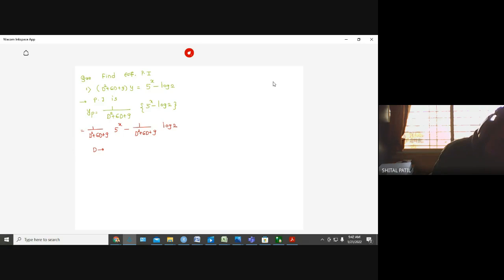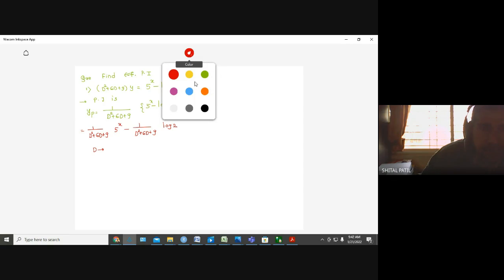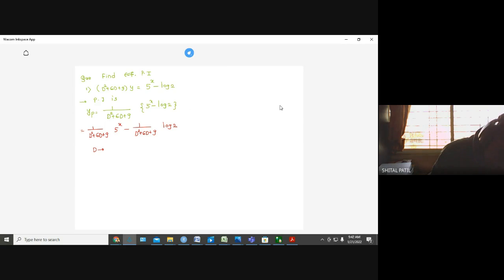No. See, if it is like this, 1 upon phi of d e raised to x, then we have to write 1 upon phi of a e raised to x. Correct. Whatever you are saying is correct. D is to be replaced by a.